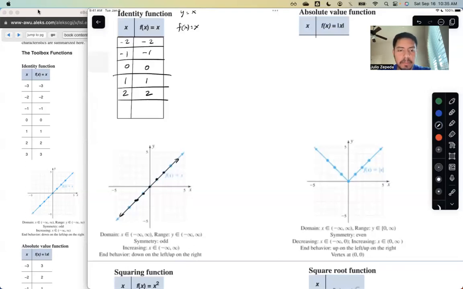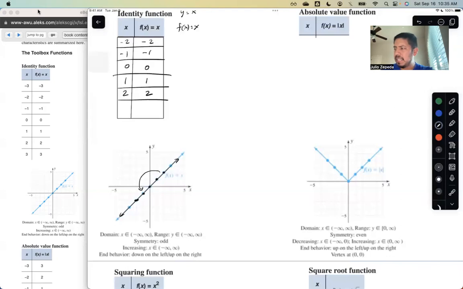The range is all real numbers. This is symmetric about the origin, meaning if you were to rotate this 180 degrees, it would just land on itself. It's an increasing function from left to right. And the end behavior is it goes down on the left and up on the right.